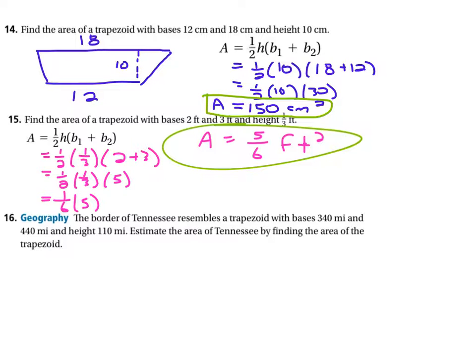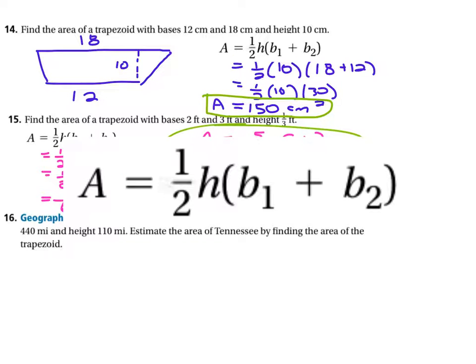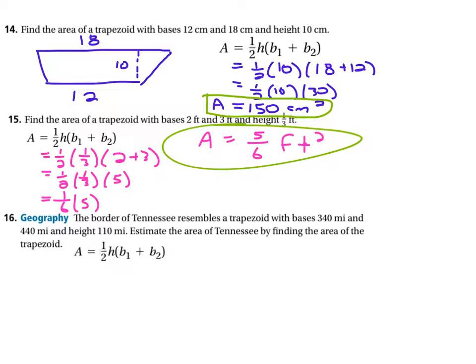And in fact, let's not do a sketch of this one either. Let's just use the formula for number 16 as well. Okay? Hopefully this is all making sense to you. Okay, this one's using a little bit bigger numbers. That's okay. Here's the formula. And let's fill in the information that we've got.